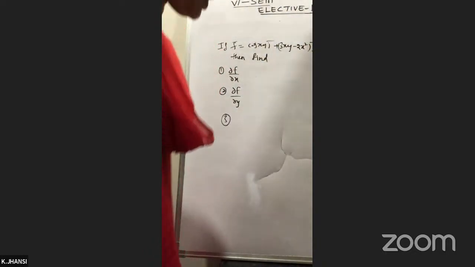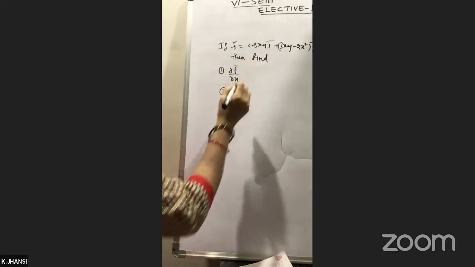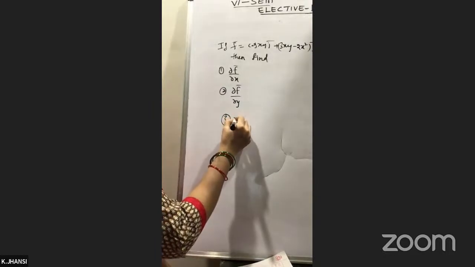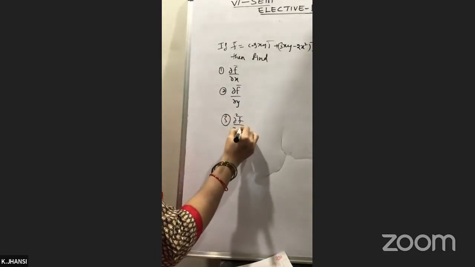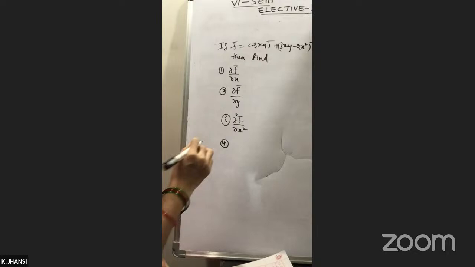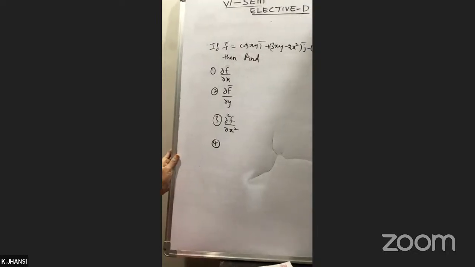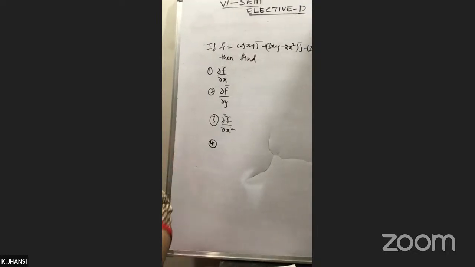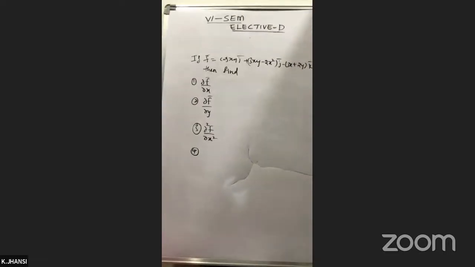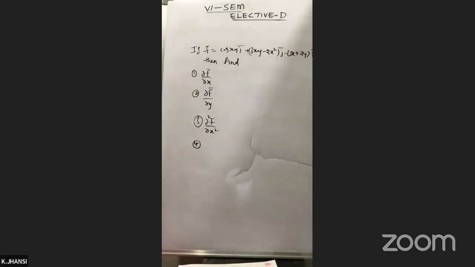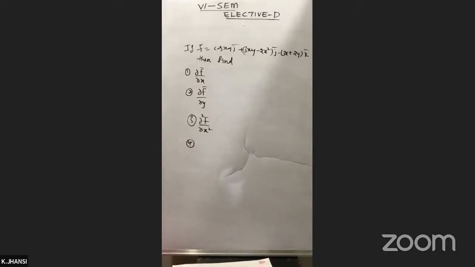So partial differentiation, we know that we do with respect to x and y. So dou f by dou x, dou f by dou y, and after that dou square f by dou x square, and the fourth one is 3x plus 2y, the last one.